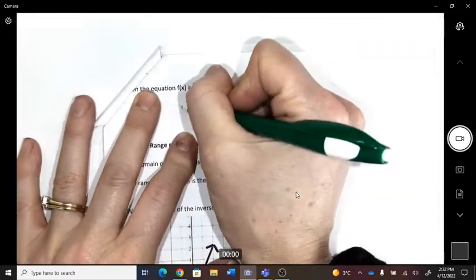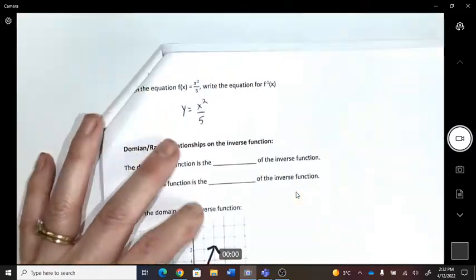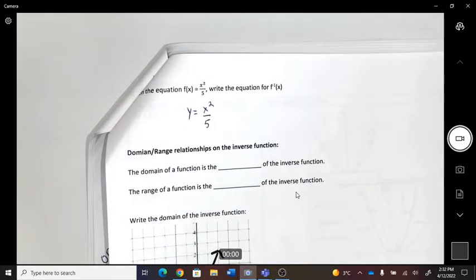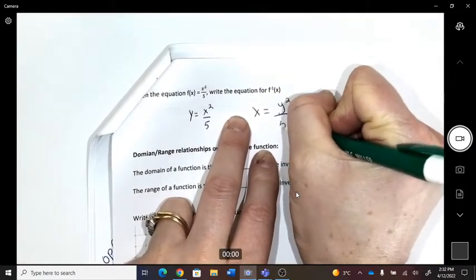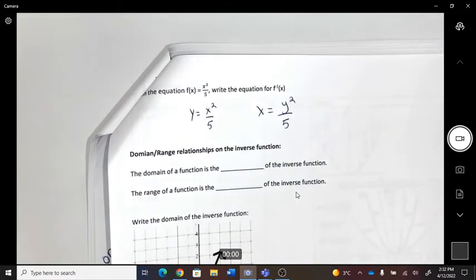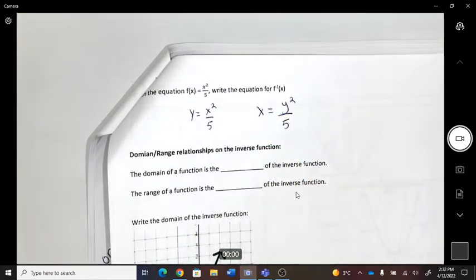Okay, so here we go again. I'm going to just rewrite it. Instead of having the f of x in there, I'm just going to rewrite it with a y. Okay, ready? To inverse, write that with your x and the y switched. Now we're going to work to figure out what this y is alone.